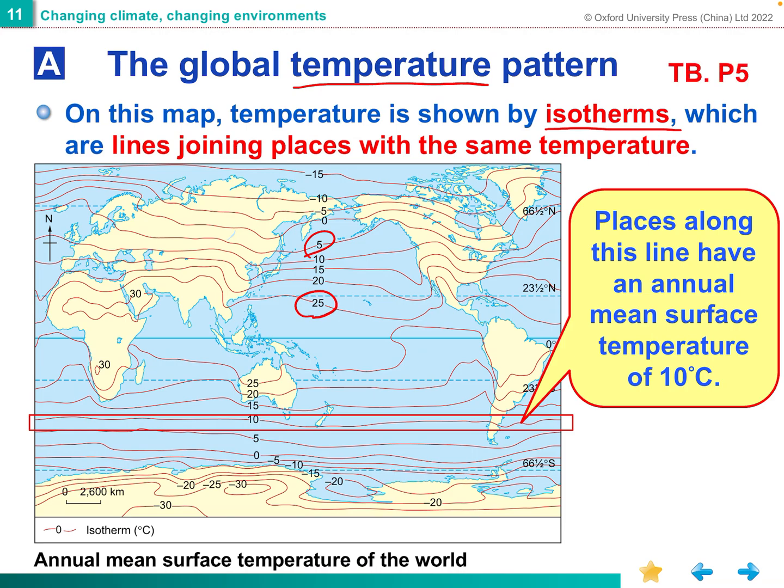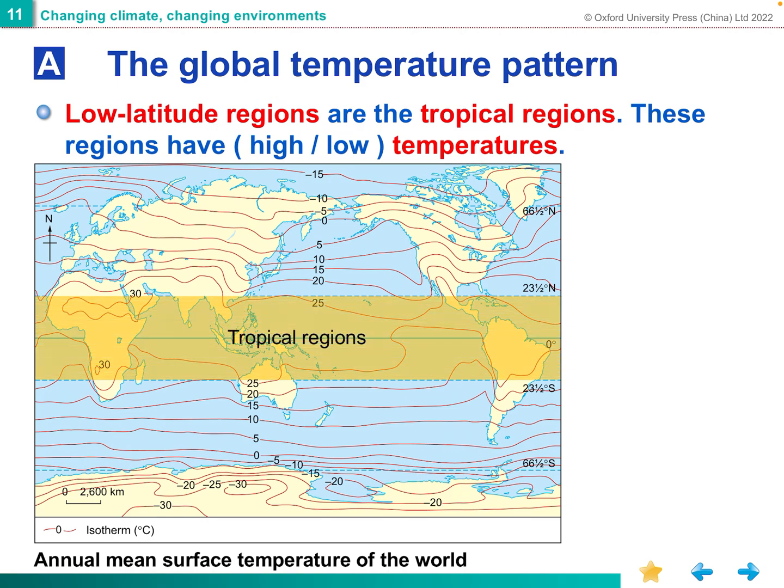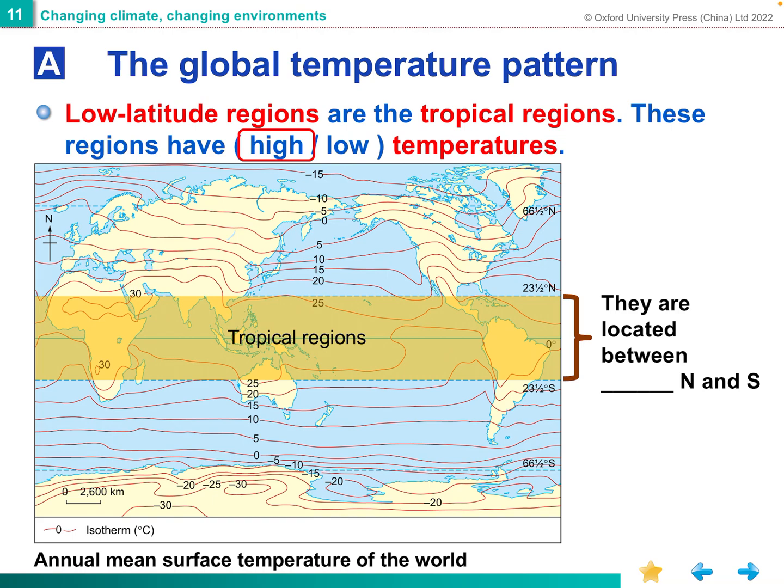For example, the place on this line has a temperature of 10 degrees Celsius. Two classes haven't learned about the regions, so please pay attention. The places that are very close to the equator, between 23.5 degrees north and south, we call the low latitude region.